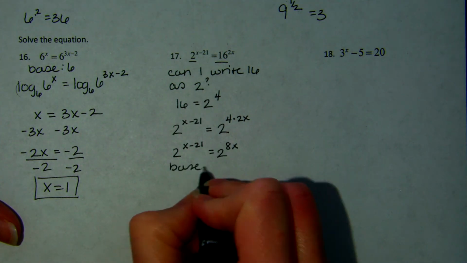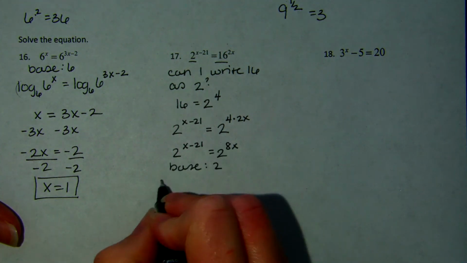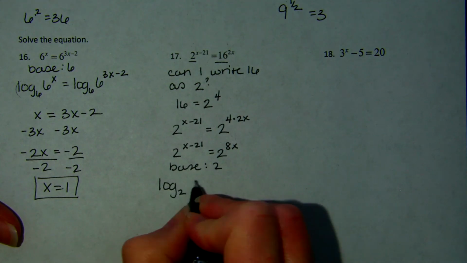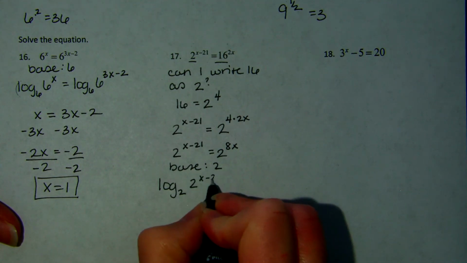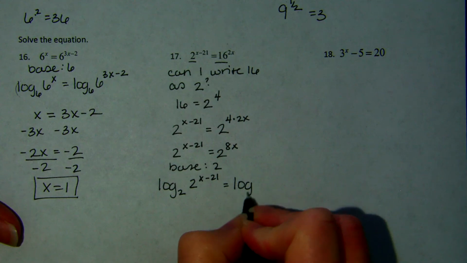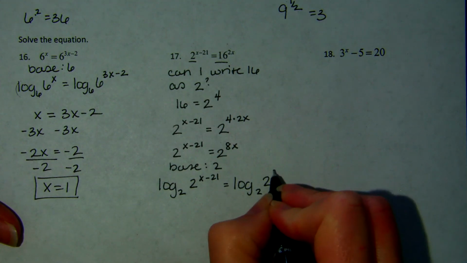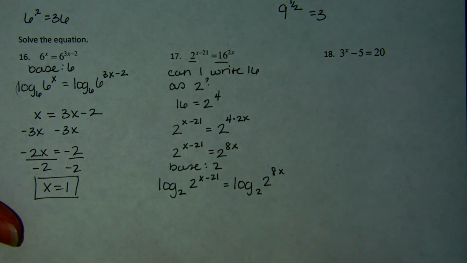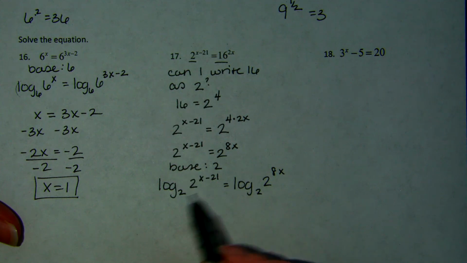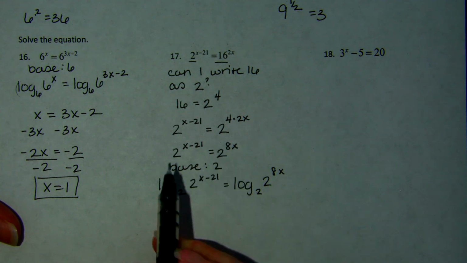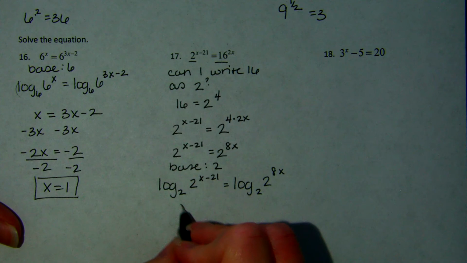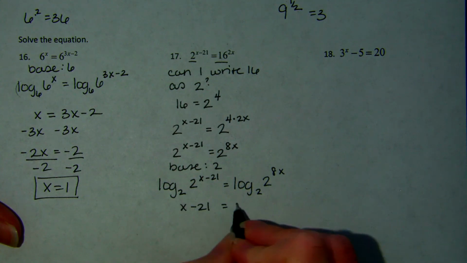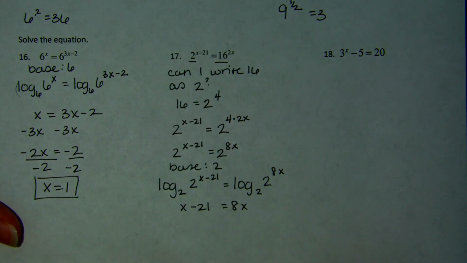So here my base is 2. So this is log base 2 of 2 to the x minus 21 is equal to log base 2 of 2 to the 8x. And those logs with the 2's cancel out, and this simplifies to just x minus 21 is equal to 8x.